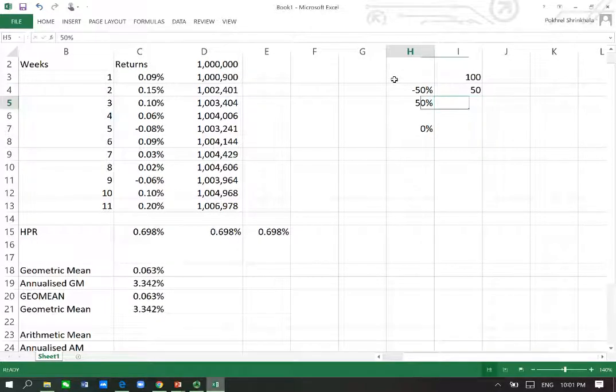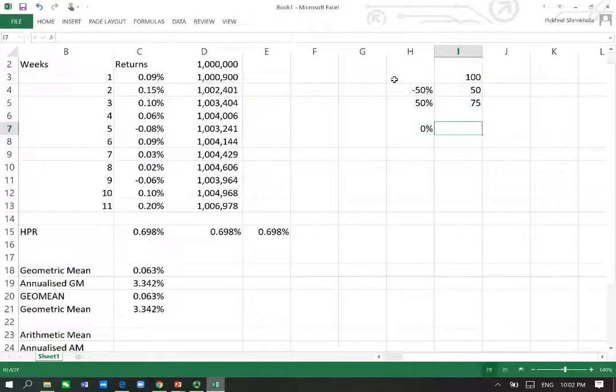And then if in another year there is 50% gain on this 50 amount, that means the gain is 25, therefore 50 plus 25. The end value of investment is therefore 75. So the end value is not 100 to say there is no profit, no loss. The end value is actually 75. So the arithmetic average is giving a wrong impression.